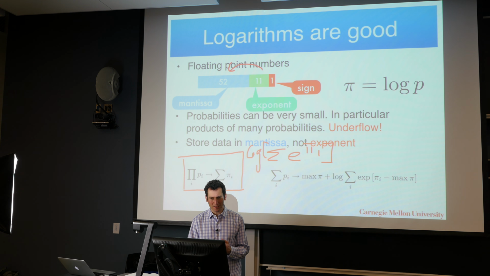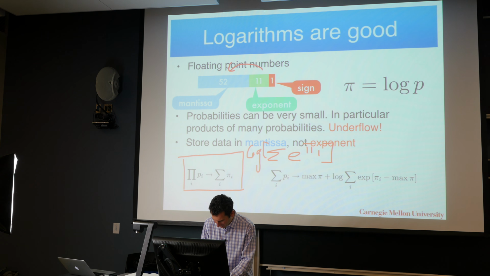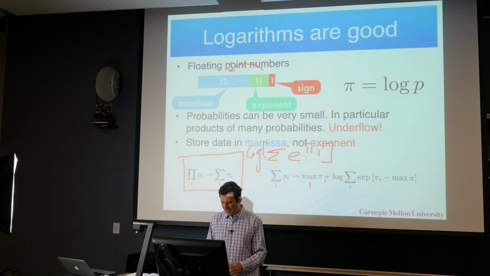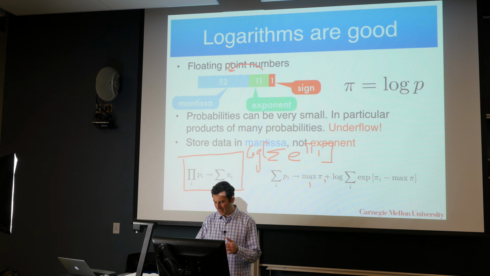However, what I can do is I can simply go and pick the largest term among all those p_i's. So basically I take max over i of p_i, and then I add to that the log of the sum of e to the p_i minus the maximum. So now all those numbers here will be less than or equal to 0.